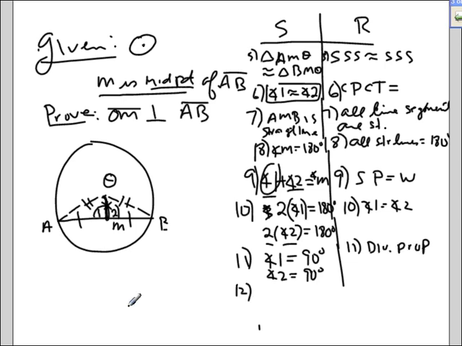Number 12. Angle 1 equals angle 2, which equals a right angle. All 90-degree angles are right angles. All right. Now the perpendicular. If angle 1 is 90 degrees and angle 2 is 90 degrees, MO must be perpendicular to AB.